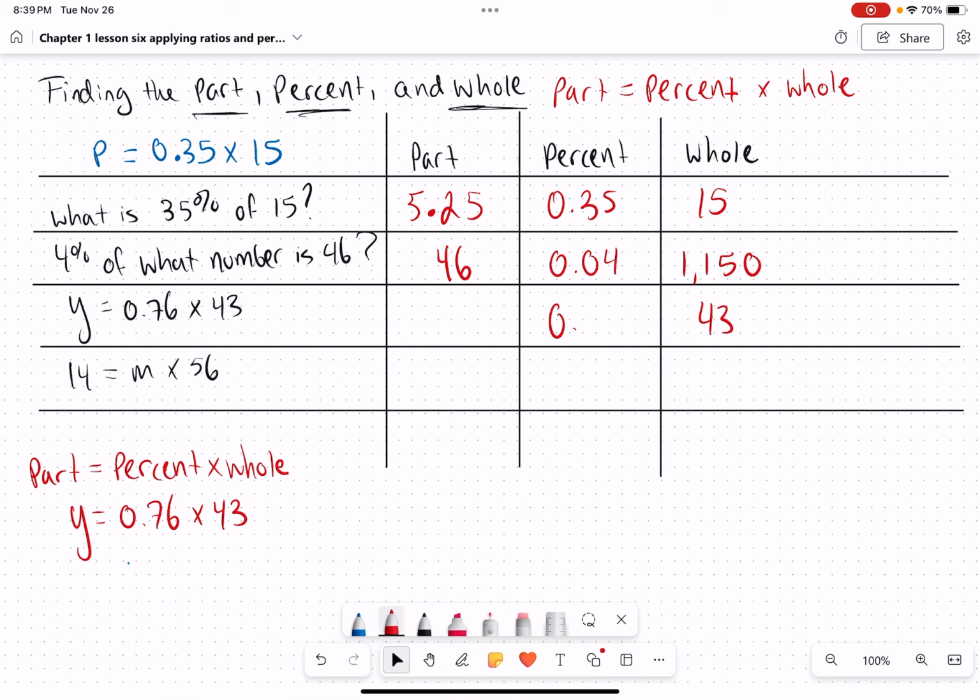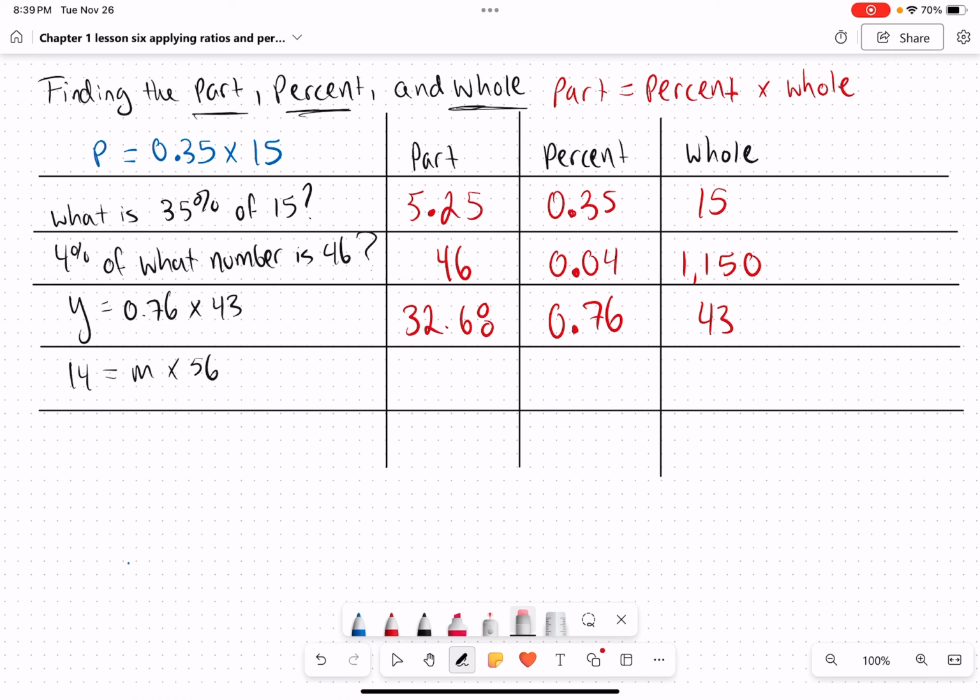Let me make the decimal a little clearer here. 0.76. Okay. And the part, well, we just have to multiply the 0.76 times the 43, which is 32.68.